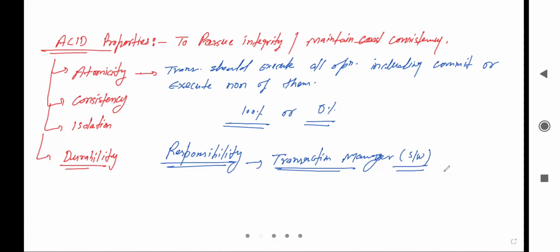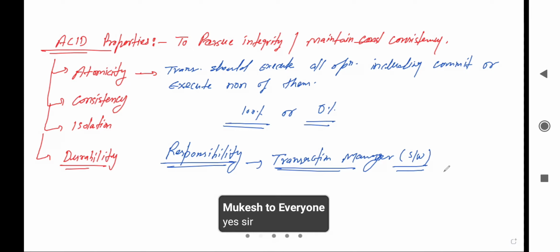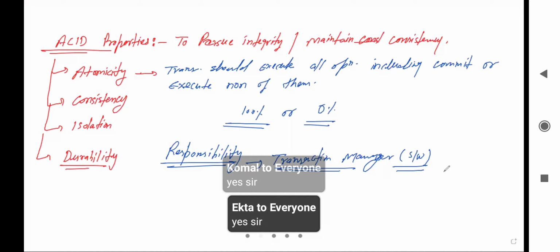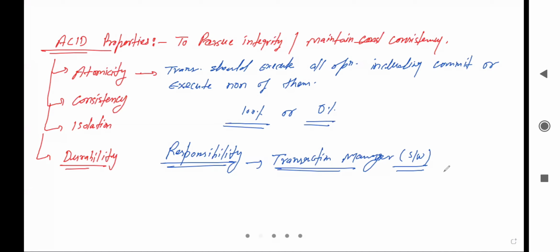So this is about the atomicity. Is it clear to all? Okay, fine.